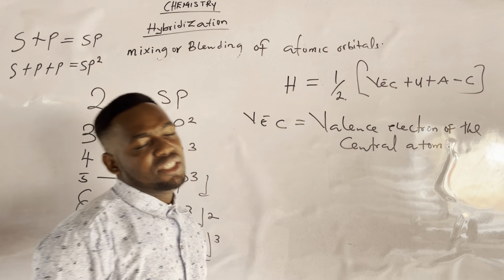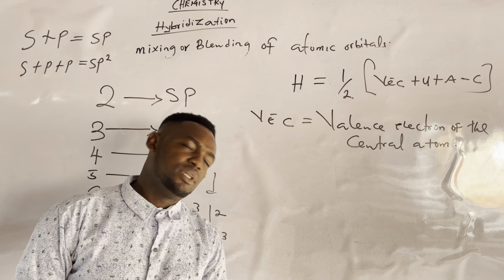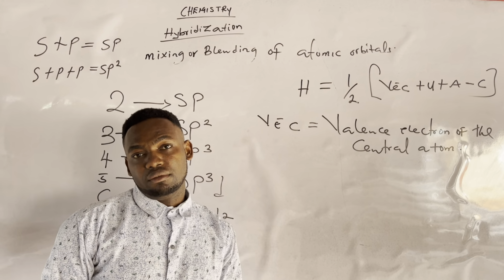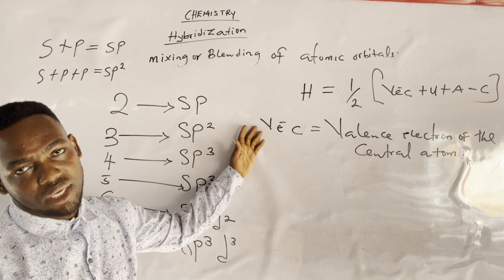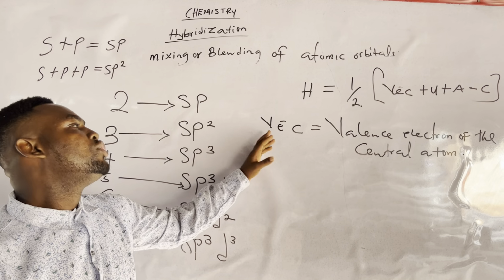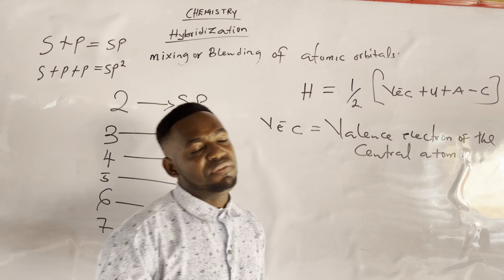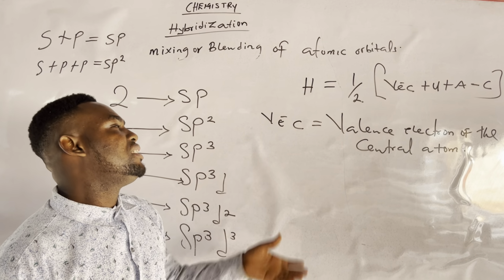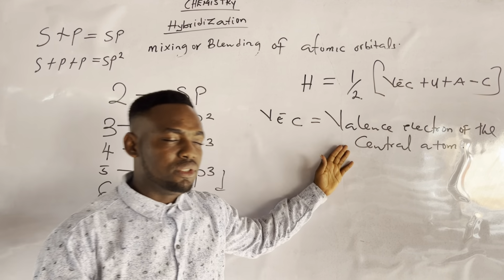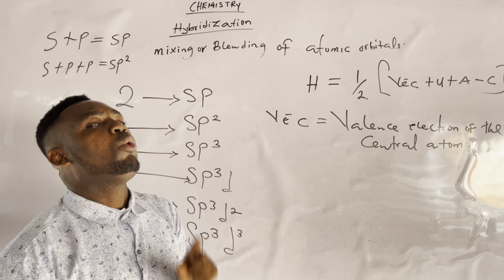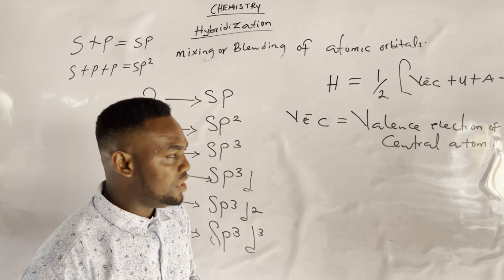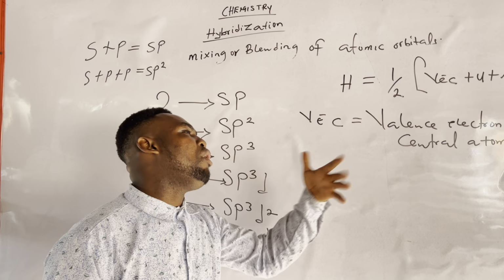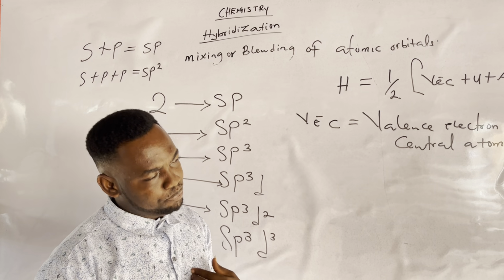One problem that many chemistry students have is this problem of cramming. Most chemistry students cram chemistry. All right? So when you say valence electron, some people define it as valency. It is important I tell you, valence electron is not valency. What we call valency in chemistry is the combining power of an element or radical.